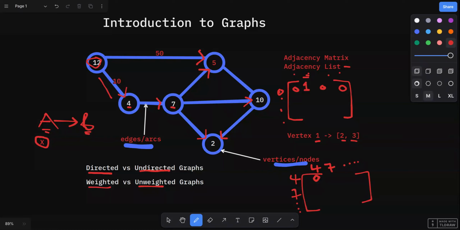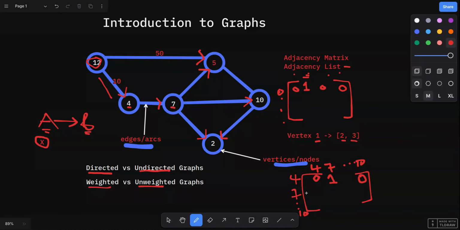But 4 and 7, there's a connection there, so we can give this a 1. Then let's say we had 10 somewhere here as the other element. Between 4 and 10, there's no connection, so that will also be a 0.